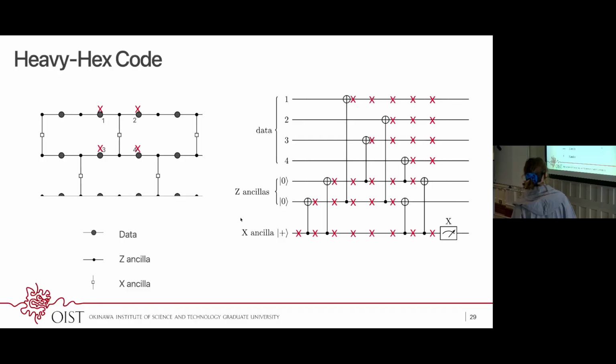In order to measure the X stabilizers, we need to initialize the X ancillas into the plus basis. And by a sequence of CNOT gates, the X operator propagates to the Z ancillas and finally onto the data qubits. So you can measure the ancilla out to get the measurements of the stabilizer.